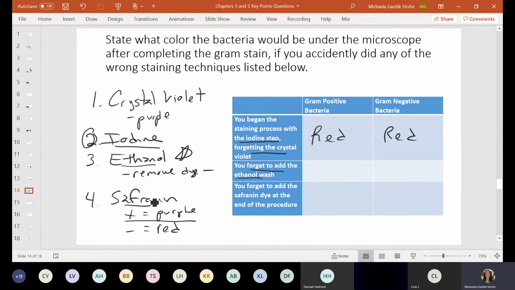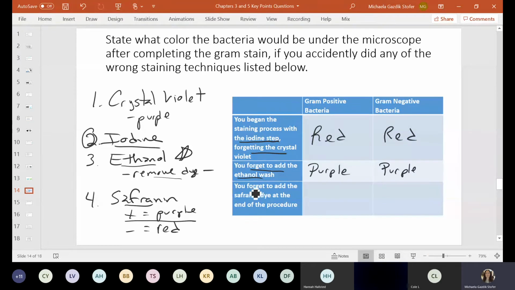If everything is still purple when we add this dye, everything is still going to be purple when we look in the microscope. Just like when you do them normally and those gram-positive cells are purple, they don't stain red because the purple's already in the way. If you never removed the purple dye from your gram-negative cells, everything's going to be purple when you look in the microscope, even if you've added the safranin.